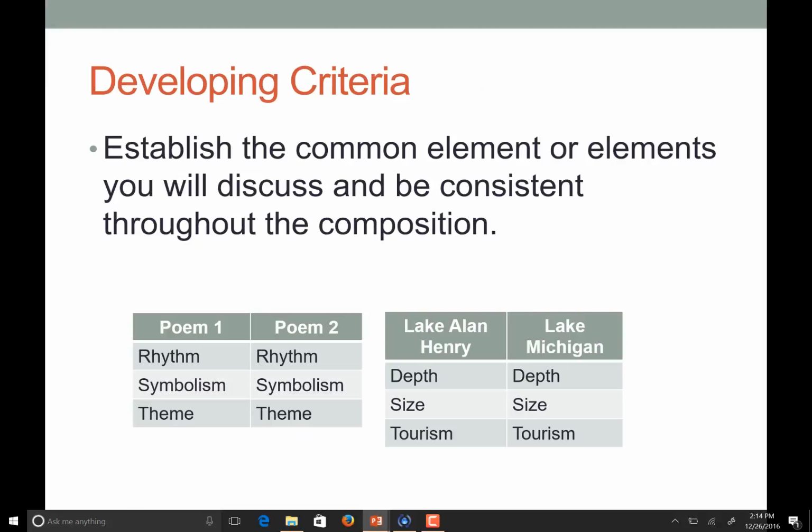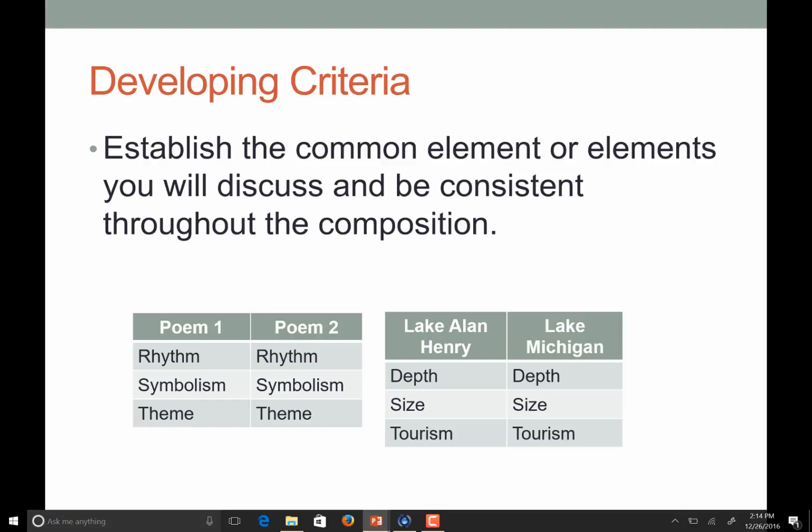Okay? Once you've figured out what you're going to compare and contrast, you need to develop criteria, and you have to establish common elements that you're going to be discussing in your paper. A couple of examples here. We have poem 1 and poem 2.